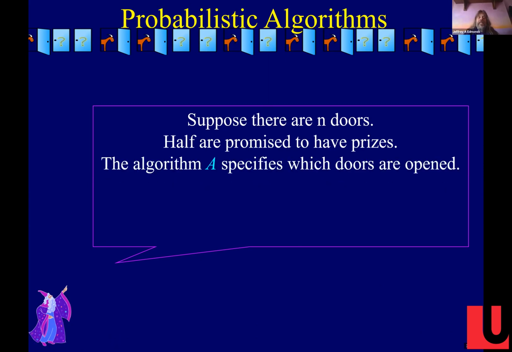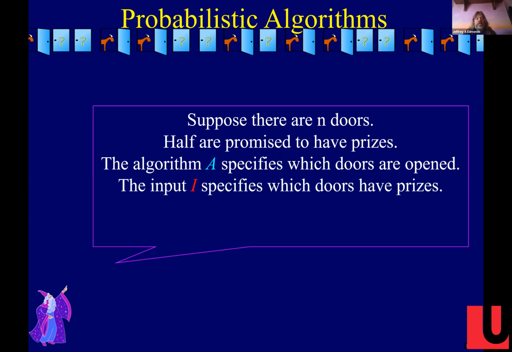Your goal is to come up with an algorithm that tells you which doors to open and in what order. The input specifies which half of the doors have prizes.